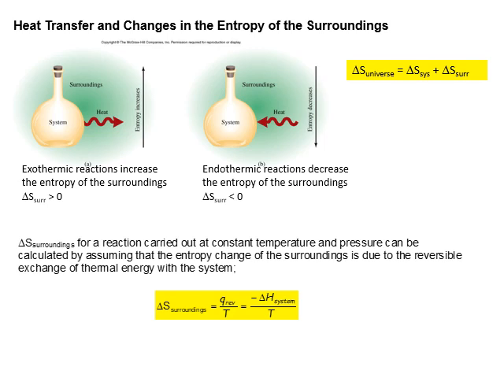So the entropy of the surroundings will decrease when delta H of the system is positive, as it is for an endothermic reaction, and the entropy of the surroundings will increase when the delta H of the system is negative, as it is for an exothermic reaction, as we stated above.